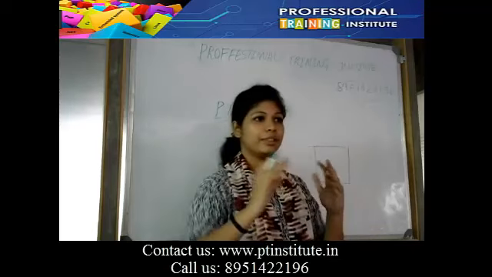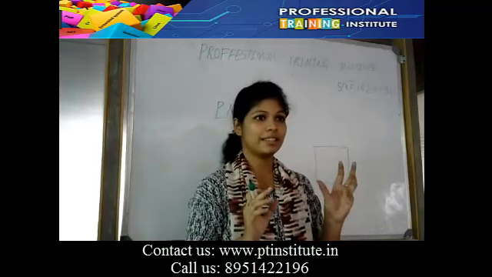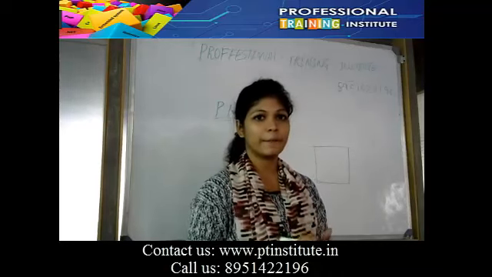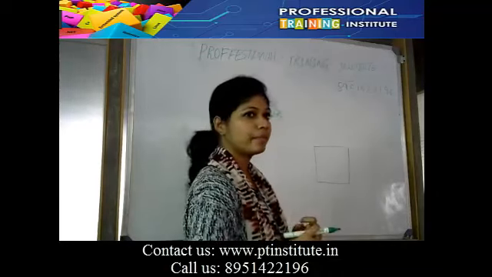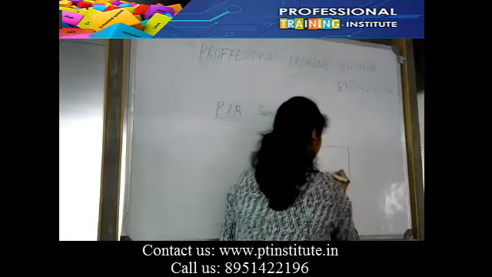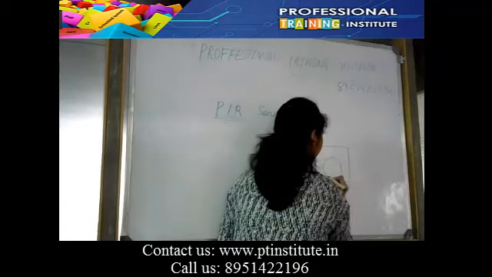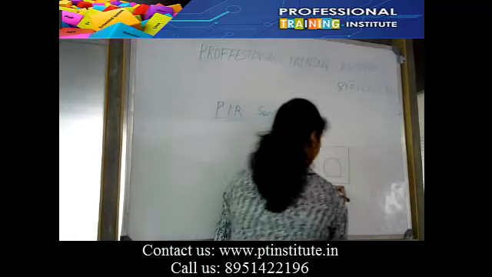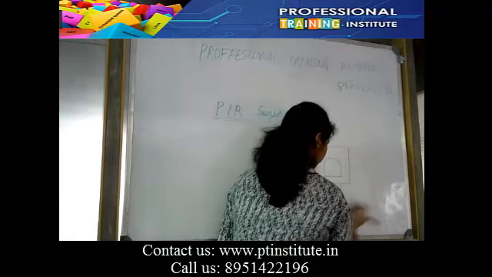Before that, have you seen a PIR sensor? It looks like this. There will be a cap like this. It's a plastic cap, white in color, and there will be 3 pins.